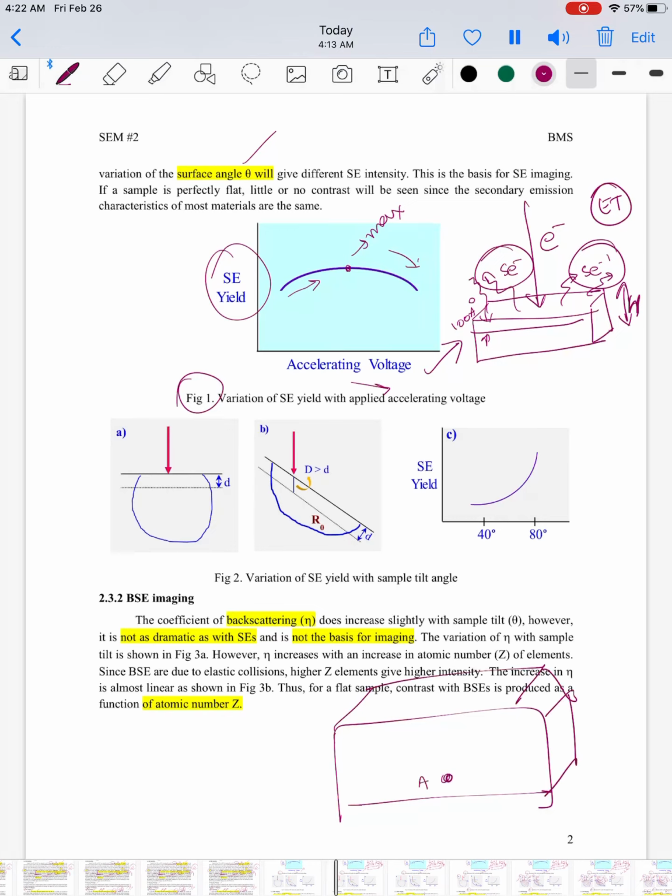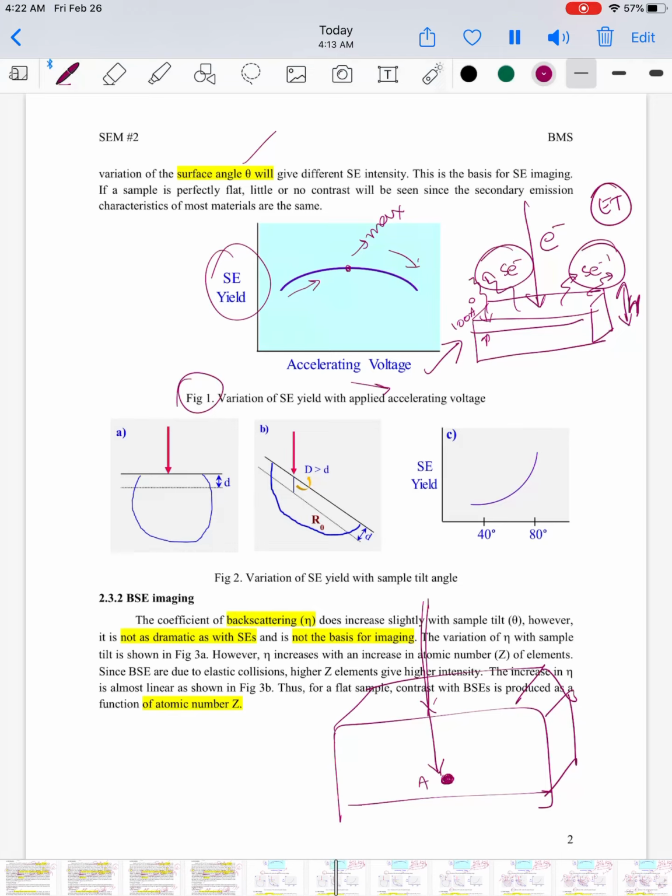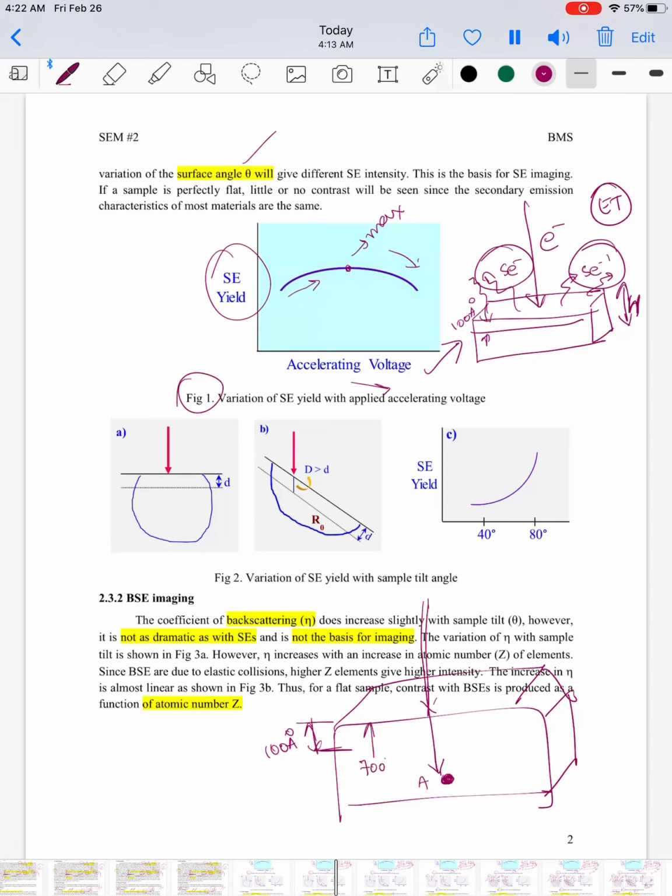Whereas if they are generated from greater depth, suppose the accelerating voltage is too much, the electron beam penetrates into the sample. Let's assume that point A is at a greater depth: if this is 100 angstrom, let's assume A is at 700 angstrom.